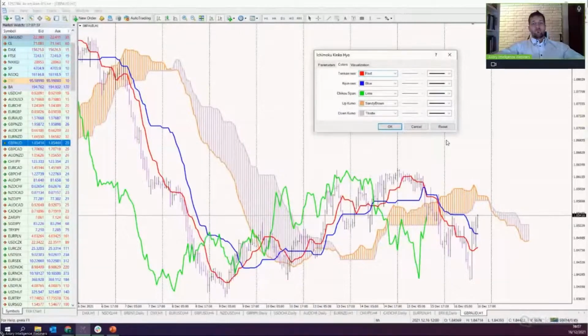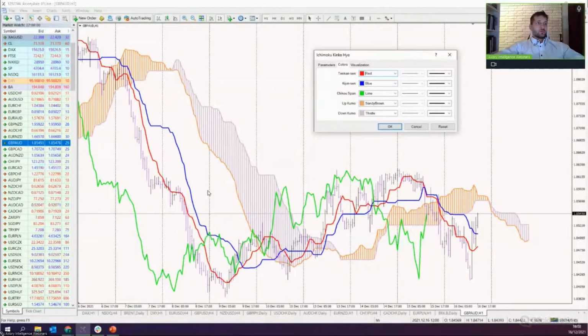So those are the cloud, Kumo, but you also have this Chikou span, which is a green color. The Chikou span, or lagging span, is the current period closing price plotted 26 periods back on the chart.